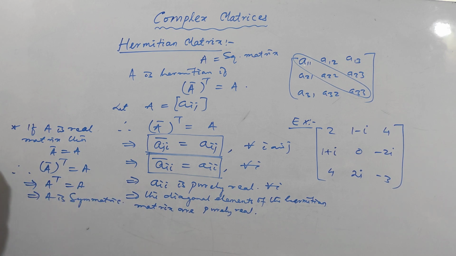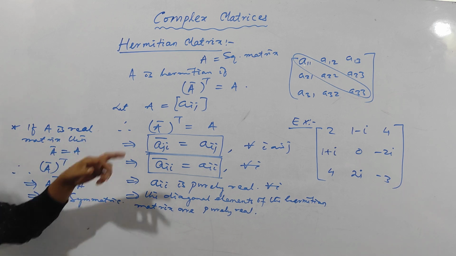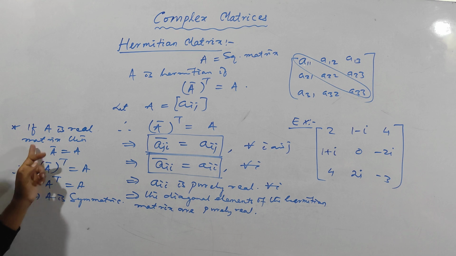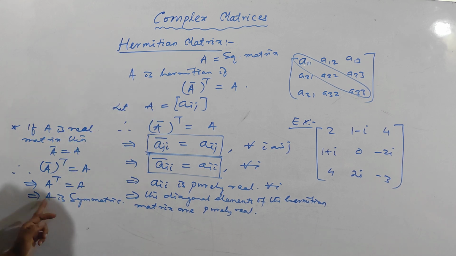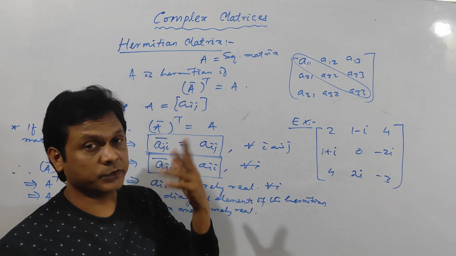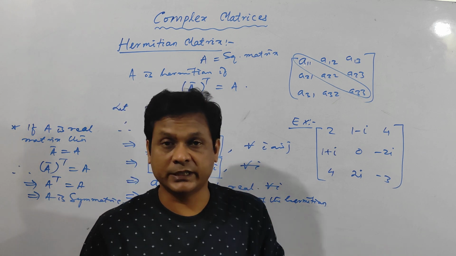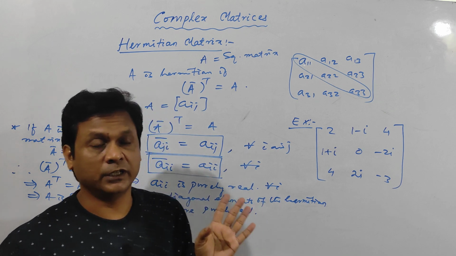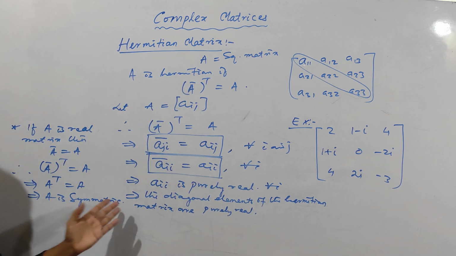That means if A is a real matrix, then the Hermitian matrix will become a symmetric matrix. Your question is under what condition a Hermitian matrix will become a symmetric matrix? The condition is that A is a purely real matrix. Clear? Then only a Hermitian matrix will become a symmetric matrix.